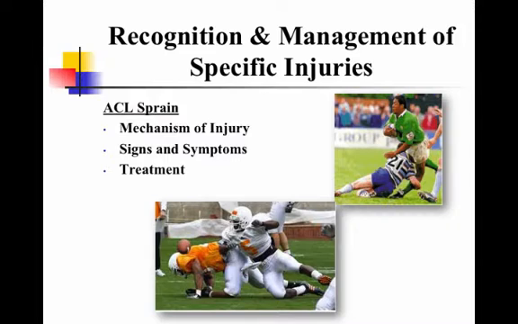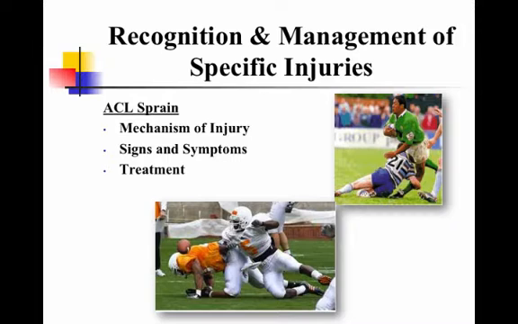The management is RICE, fitting with a knee immobilizer and crutches, and referring the individual to an orthopedic doctor. Surgical options include using a hamstring tendon or patellar tendon in place of the ACL. Rehabilitation is extensive, but in recent times can enable the athlete to return to activity in as soon as 3 months.